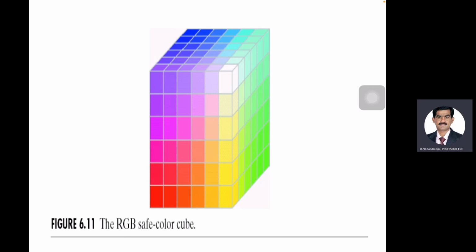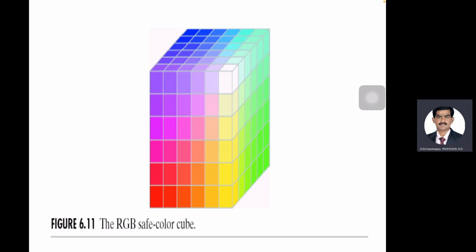And another two models, the CMY and CMYK color models. C is for cyan, M for magenta, Y for yellow. Many color printers and copiers require these models. From the previous RGB model, cyan becomes 1 minus red, magenta becomes 1 minus green, and yellow becomes 1 minus blue.